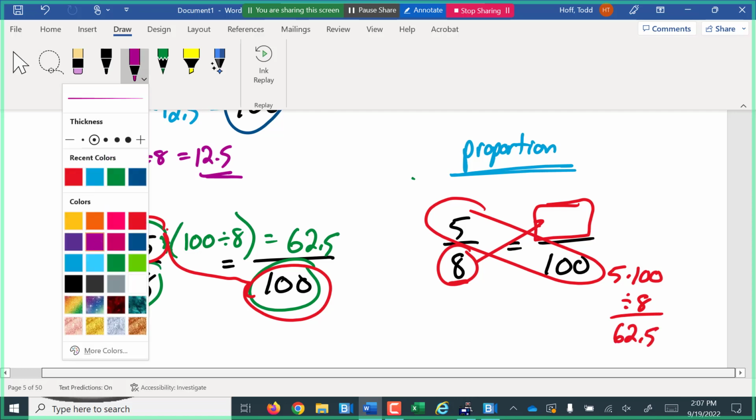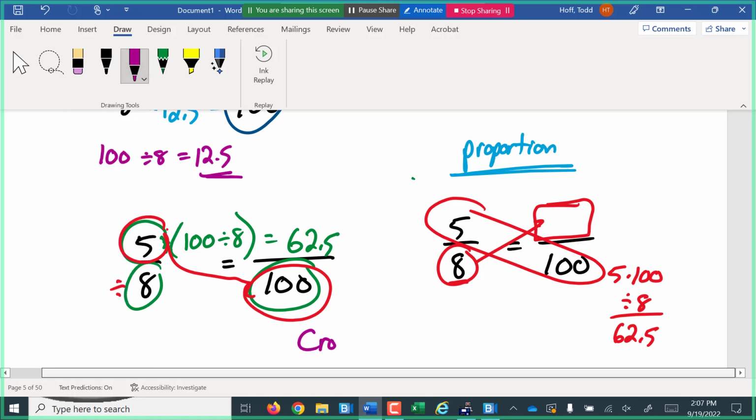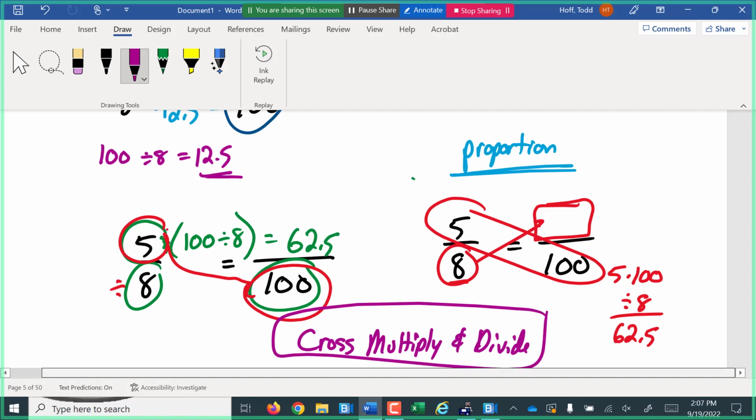This process, of course, is a shortcut that I'm sure you've all heard before, called cross multiply and divide. Remember we did fractions, I said there's other processes called cross multiplying. Here is that one of the processes they call cross multiplying.